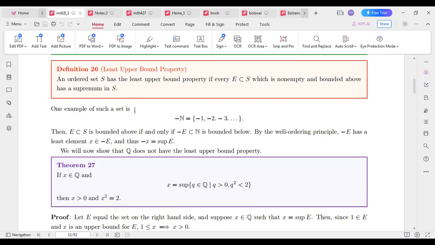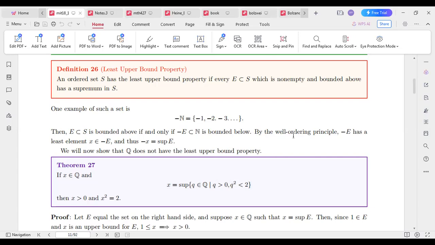For example, take the negative integers -1, -2, -3. Then E, a subset of S, is bounded above if and only if minus E, a subset of N, is bounded below.